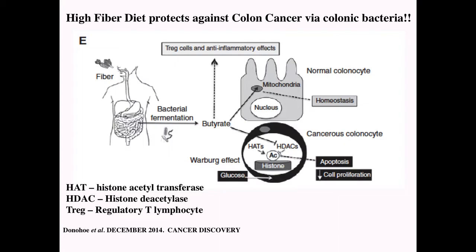A colon cell becomes cancerous. It becomes neoplastic. One of the things that happens in neoplastic cells, not just colon cancer cells, but a large number of cancer cells, is because they're dividing so rapidly, they switch into what's known as the Warburg metabolism, named after a Nobel Prize-winning physiologist, Otto Warburg.